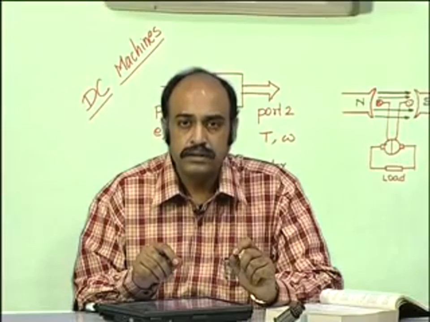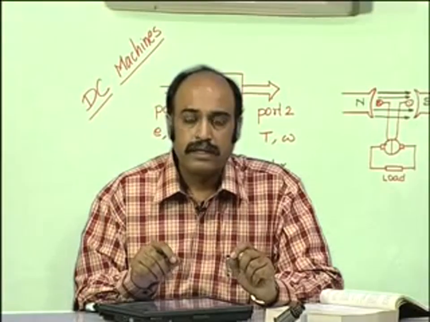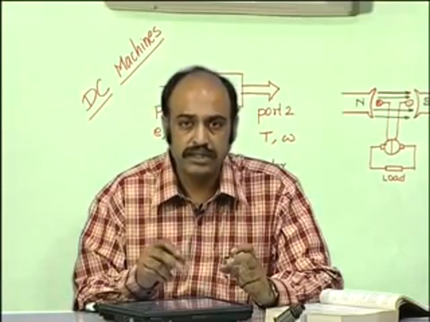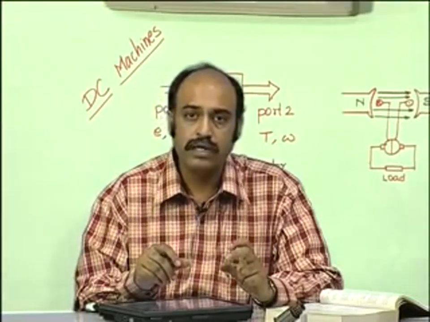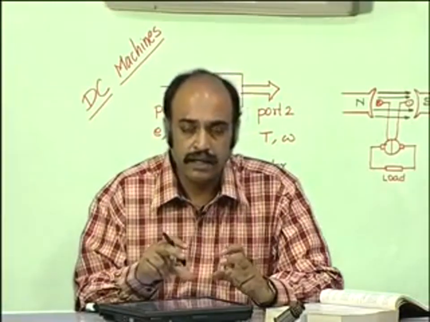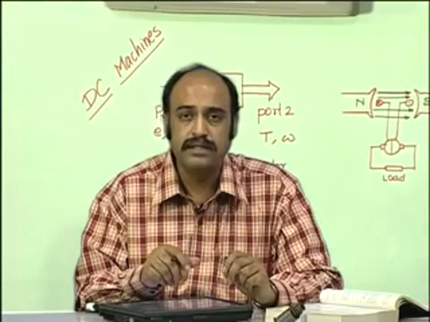One is the increase in voltage across the brushes, because between the brushes there are now going to be more number of coils, and therefore the induced voltages of all these coils are going to add up and then come across the brush voltage, as we saw in the discussion today.